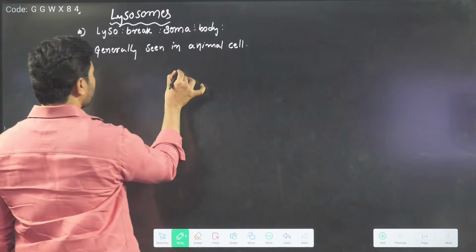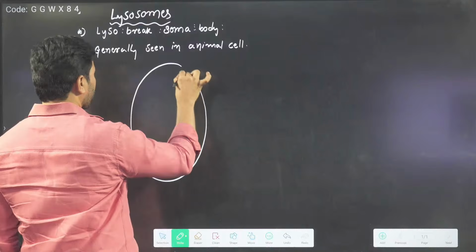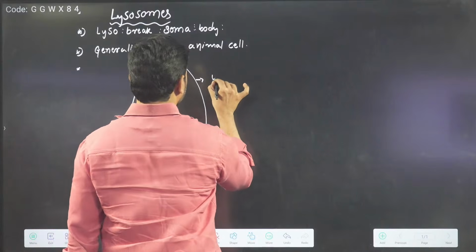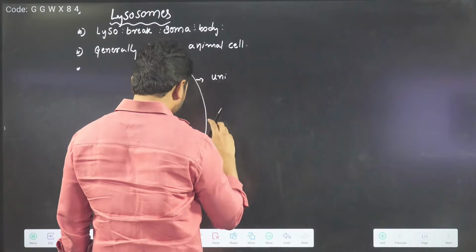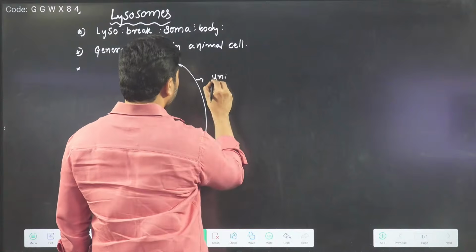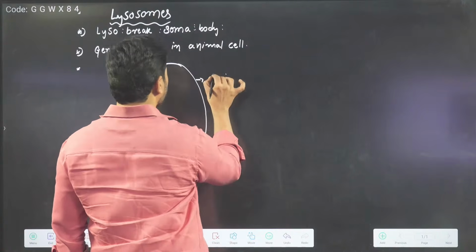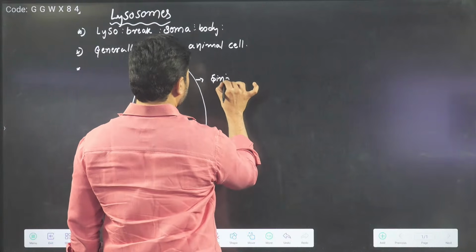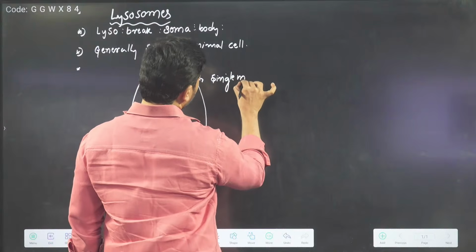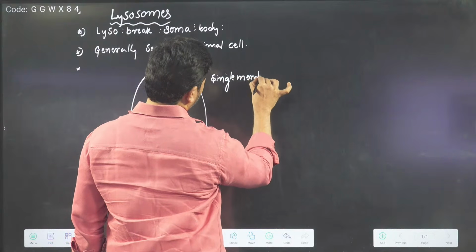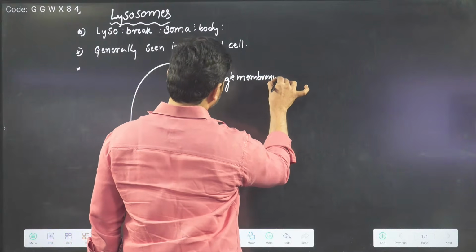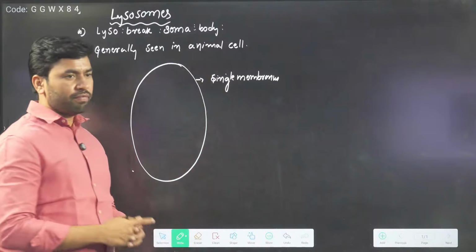If you talk about lysosomes, they are generally unilayer or single membranous bodies. Single membranous, obviously. Now the next question will arise: where have they come from?